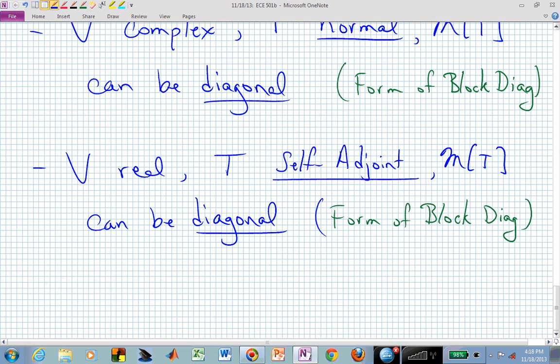Now we can relax that a little bit if we're on a real inner product space V and T is normal.